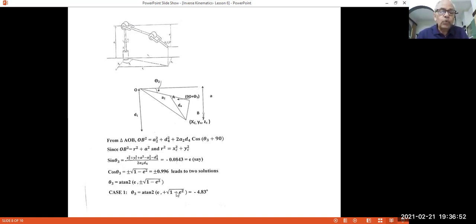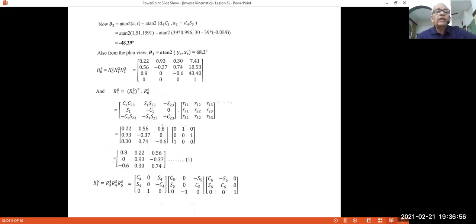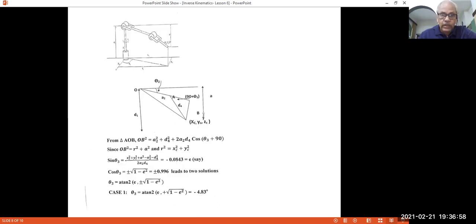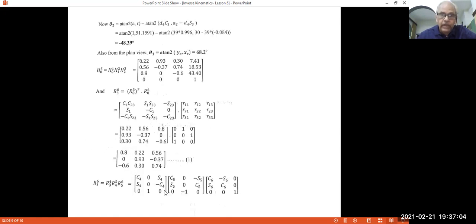Anyway, take case 1 and then atan2. Okay, case 1 with the plus, it will be atan2 plus. Okay, with that we proceed. Using that, we go to theta 2 again from that similar triangle. So that will give me for theta 2 minus 48.39 degrees.